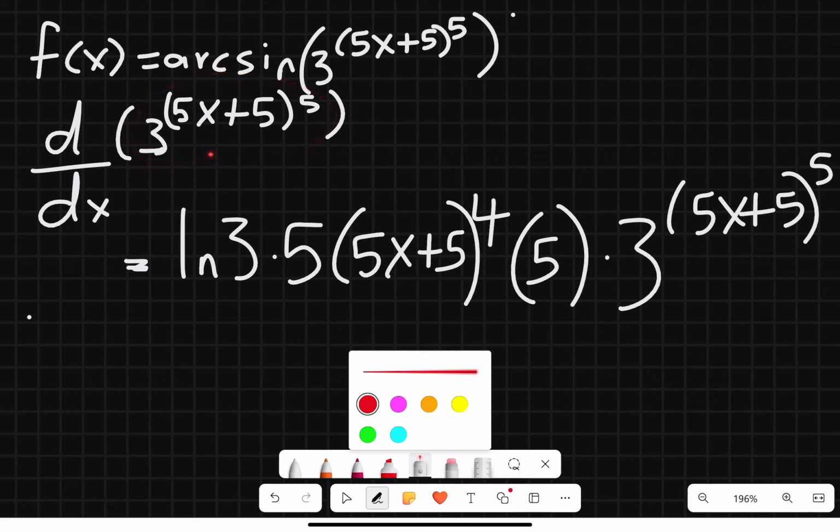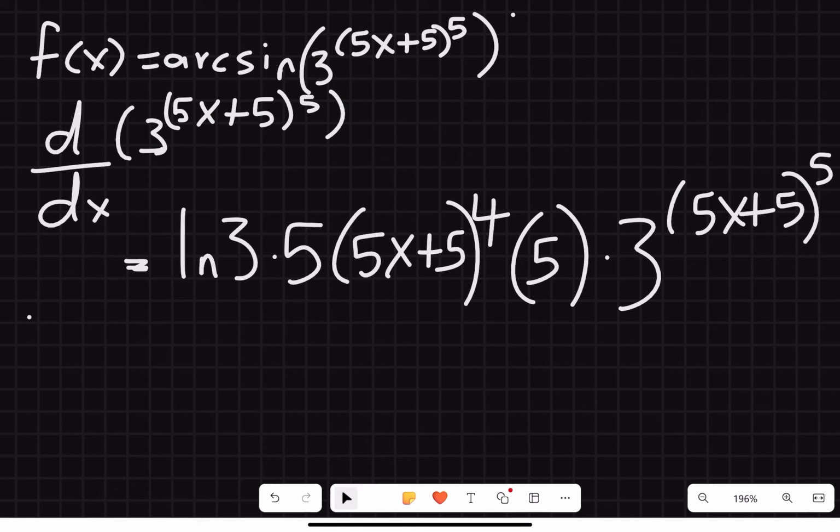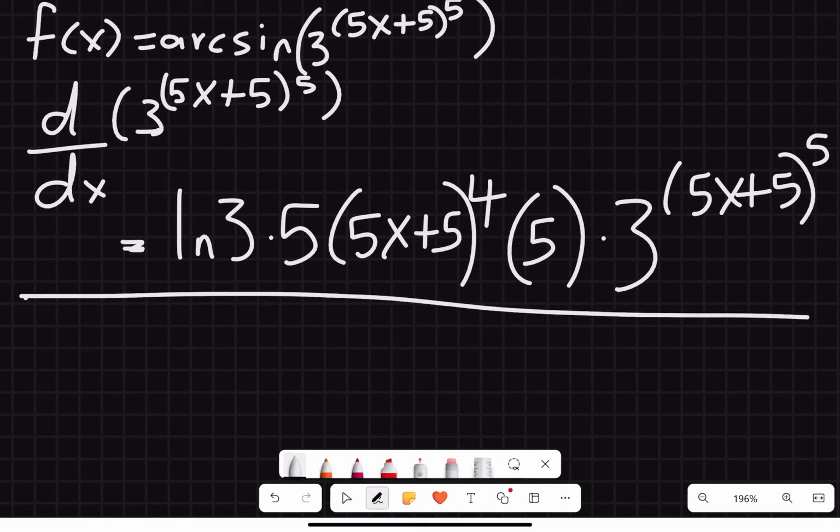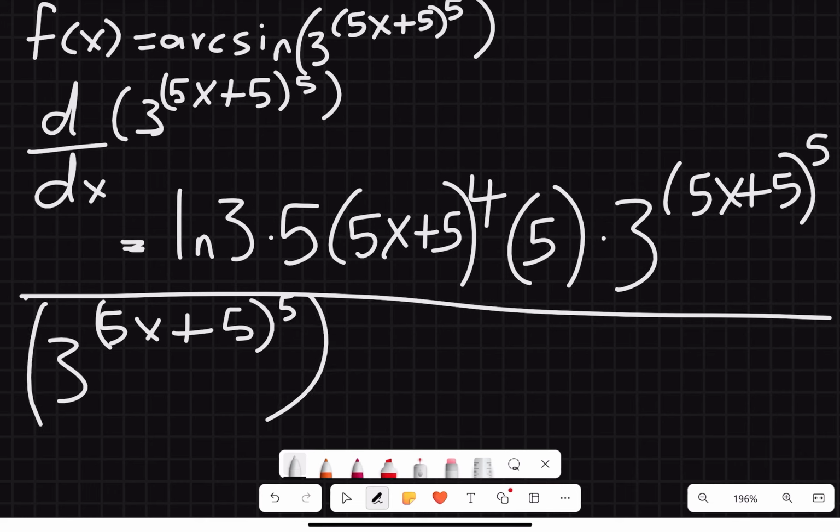Perfect. So now we have the derivative of the inside. We need to square the inside, right? So let me just underline that. Now I'm going to say 3 to the power of (5x plus 5) all to the power of 5, and then I need to square this.